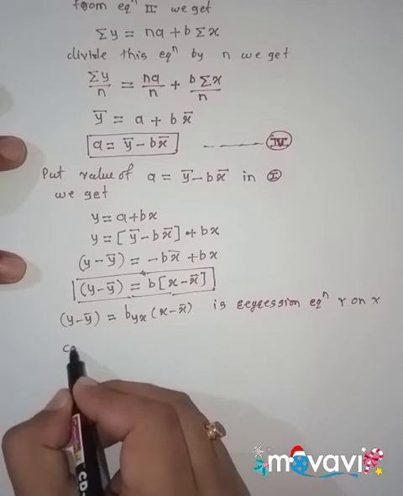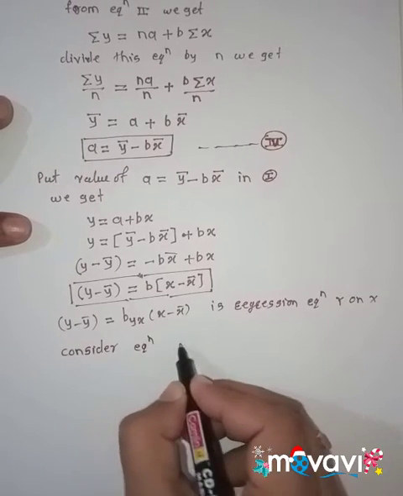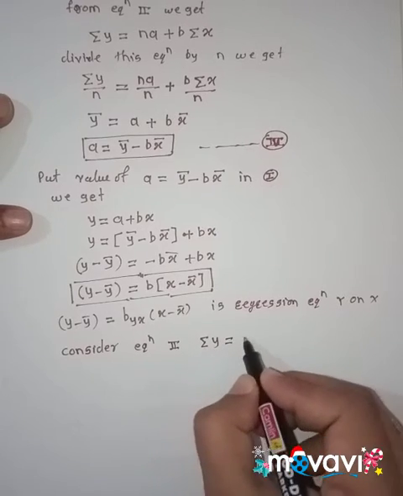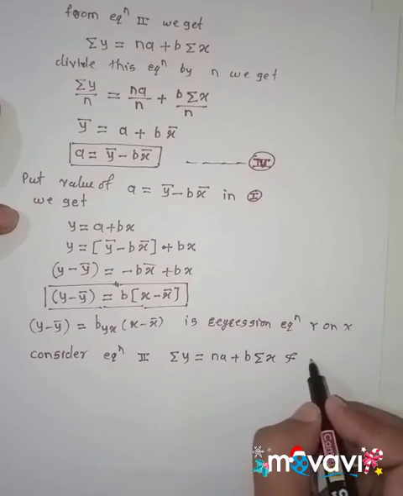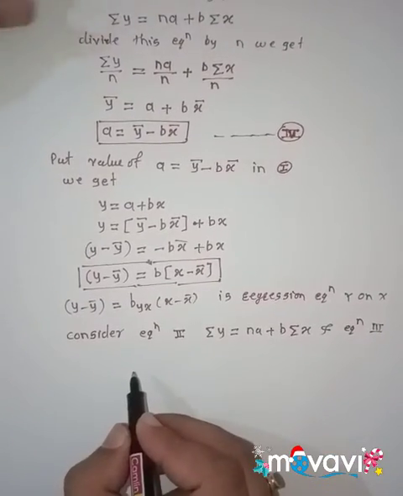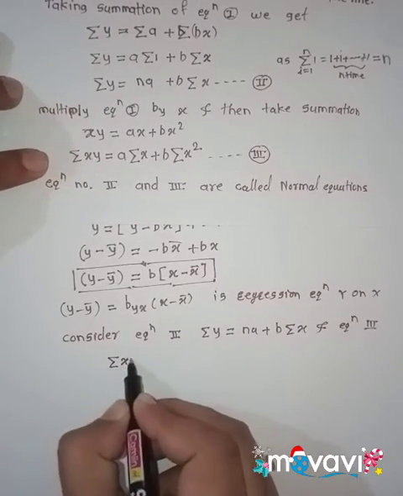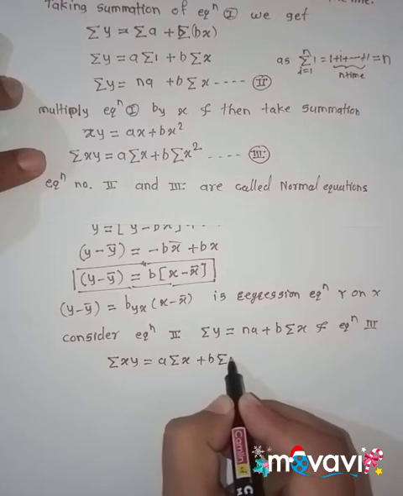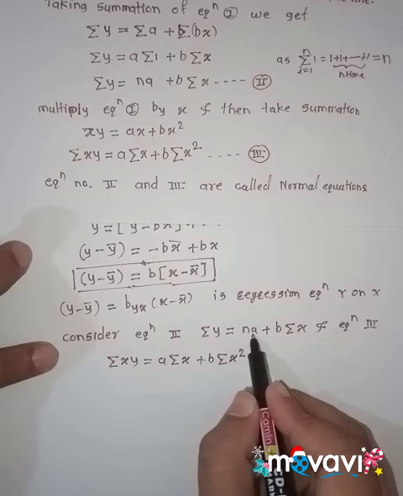For this, consider equation 2, which is summation y is equal to na plus b summation x, and equation 3, which is summation xy is equal to a summation x plus b summation x square. Here we have to cancel the constant a.